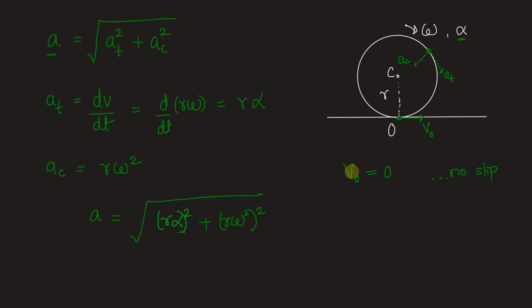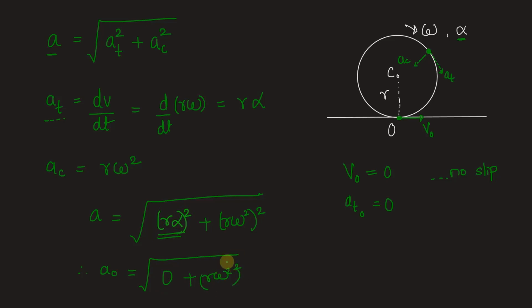Now as tangential velocity at O is 0, its tangential acceleration will also be 0 because it is nothing but the differentiation of tangential velocity. So we see that AT at O is equal to 0. Therefore, while finding out the resultant acceleration at point O, we have under root this value is 0 already plus (r omega square) square.